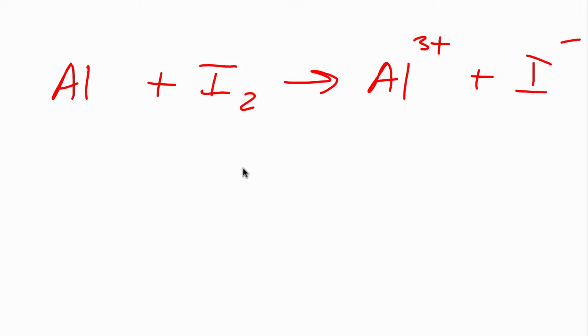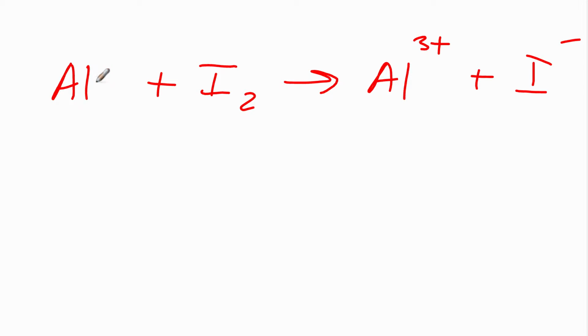Okay, this is sort of my best guess at how to balance this equation using redox or using oxidation numbers, as opposed to just using the table of redox values. So here's the example: react aluminum with iodine.